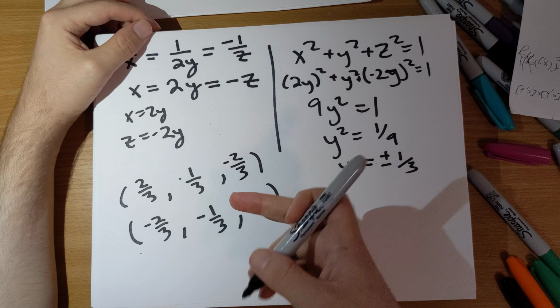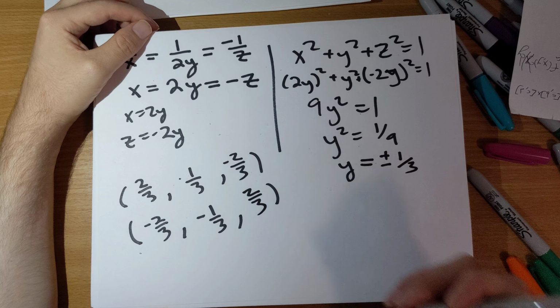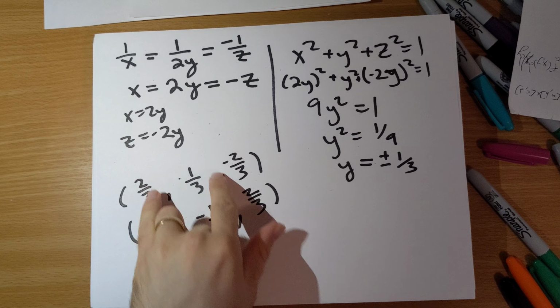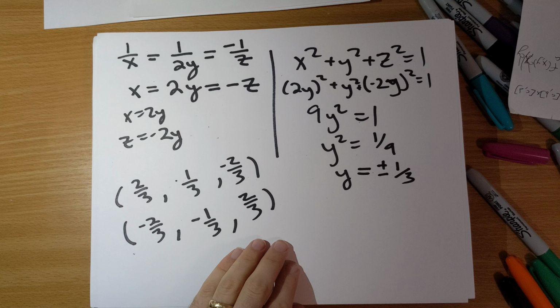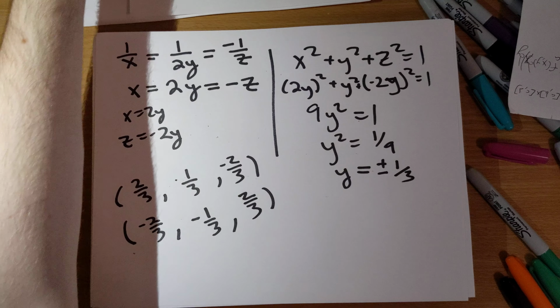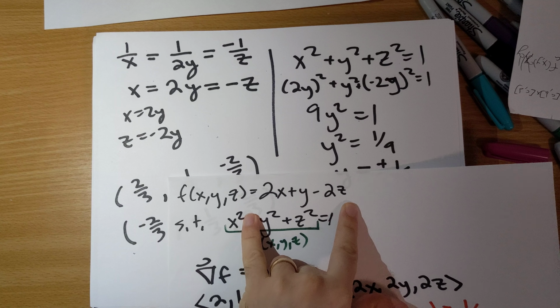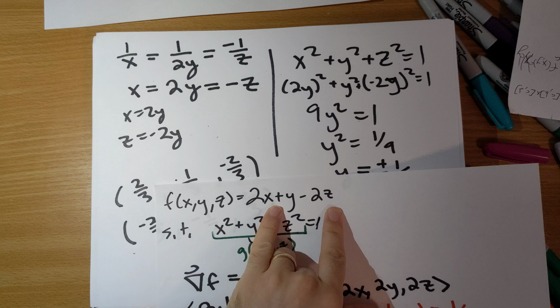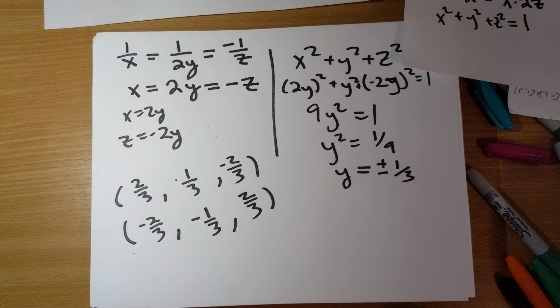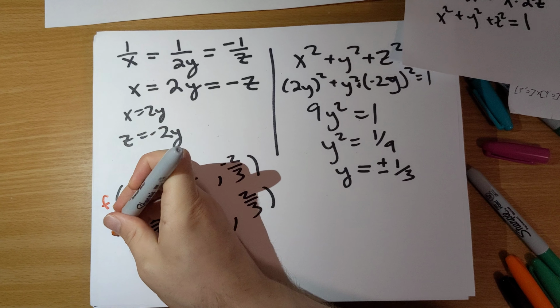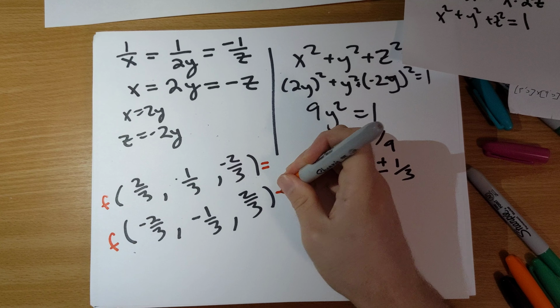If x is negative 2/3, z is 2/3. So these are the only 2 points we have to care about. And the last thing for us to do is to plug them into this equation here, f of x, y, z is 2x plus y minus 2z, and determine the min and max.